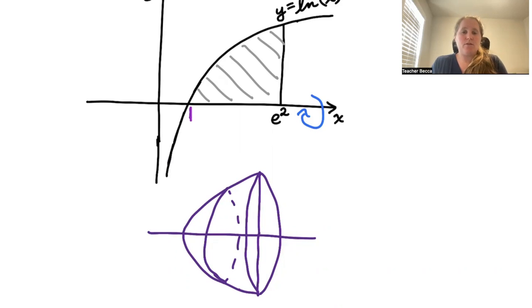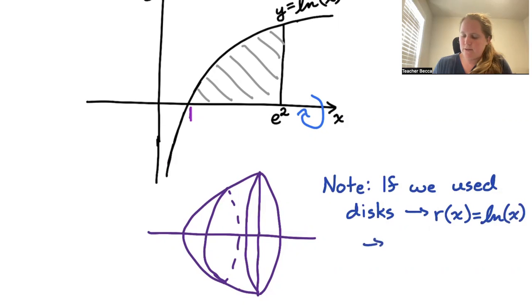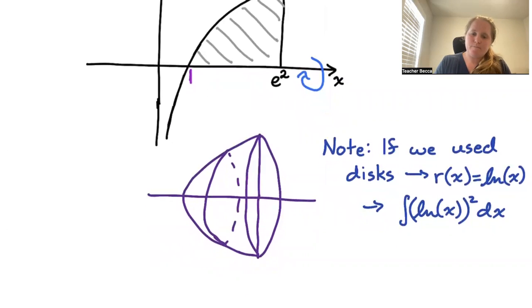So note, if we used discs, then our radius would be natural log of x, and we would have to integrate natural log of x squared dx.